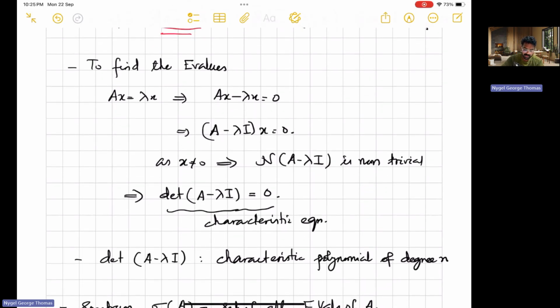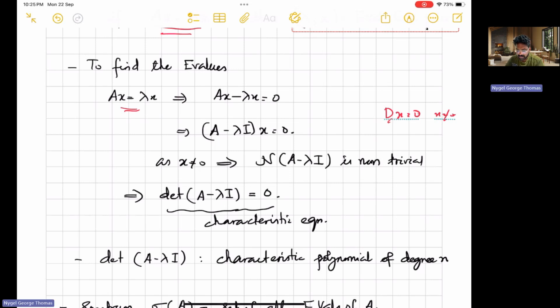From this equation, which we've already seen, Ax is equal to lambda x. So Ax minus lambda x is equal to 0. From there, you can write (A minus lambda I) x is equal to 0. Whenever we have a matrix D such that D into x is equal to 0, where x is not equal to 0, this means that the null space of the matrix D is not trivial.